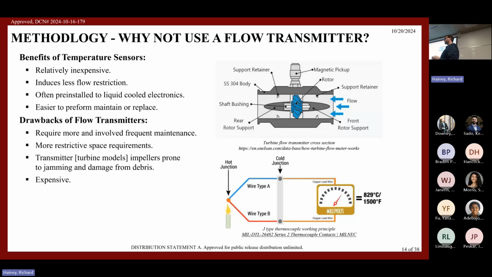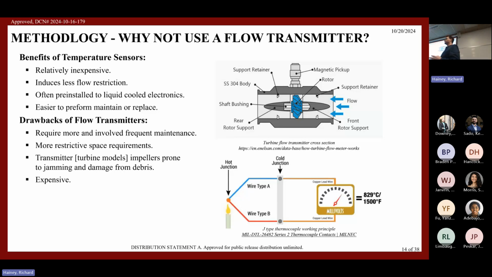That is an extensive rebuild. It could involve extensive rebuilds of systems, and some systems just wouldn't allow for it due to space restrictions. And there's also the aspect of maintenance.